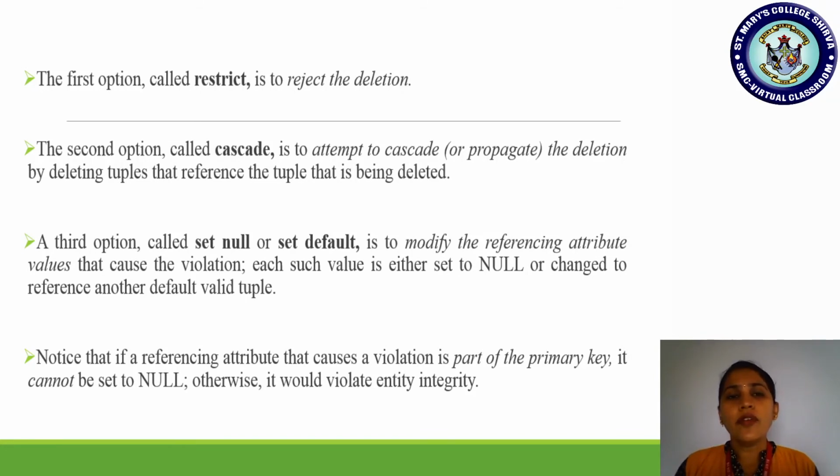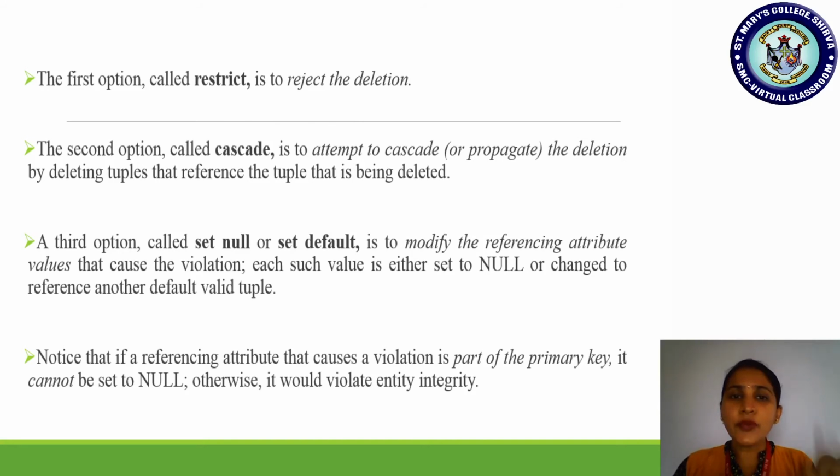So the third option is what? Whenever we are trying to delete a tuple which is referenced by other relations, where that tuple information is acting as a foreign key in the other relation, then those values have to be removed, and in place of those values null should be added, or otherwise, if you don't want to add null, a default value can be added. So the meaning here is, if John Smith is working in department number 5, now I am deleting the department 5 tuple. Did you all understand?